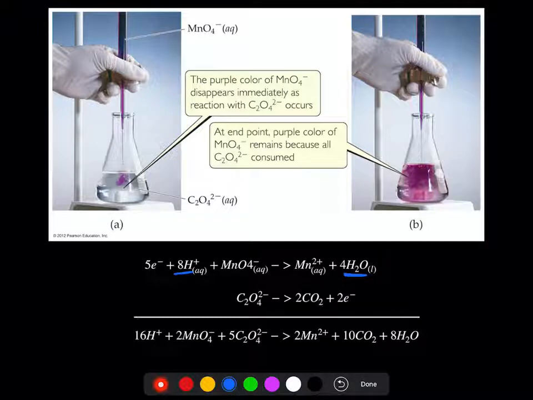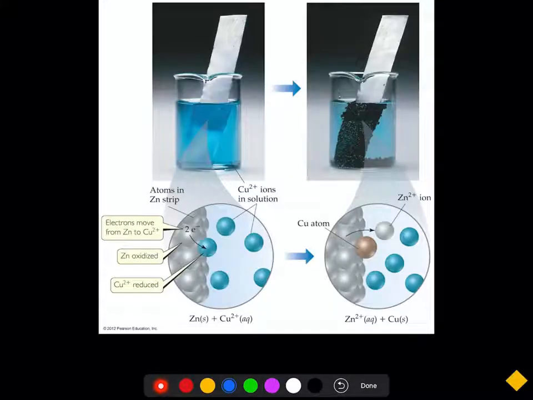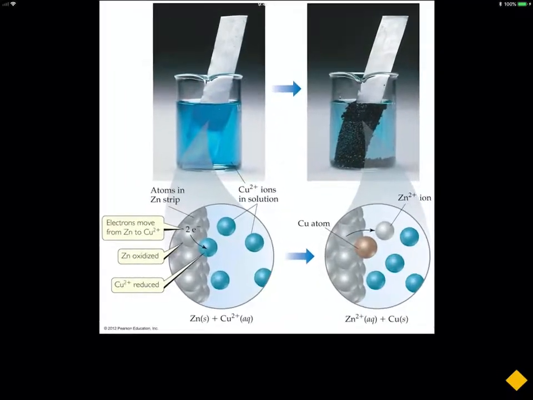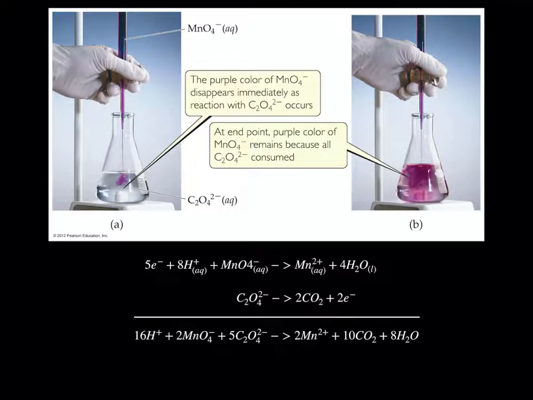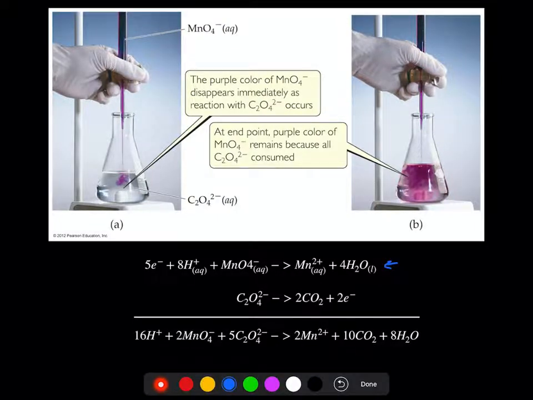So anyway, your book goes through the steps to balance a redox reaction in either acidic or basic solution. And like it says in the outline, you don't have to be able to do all those steps, but you need to be able to look at some half reactions. Here we have a half reaction. This is our reduction half reaction, and we know it's reduction because I'm adding electrons.